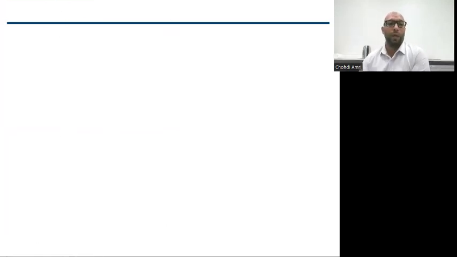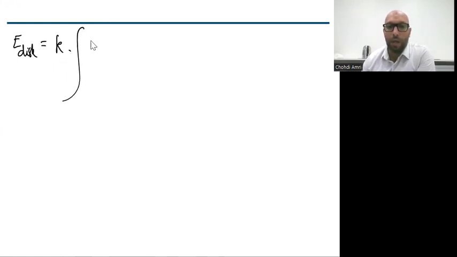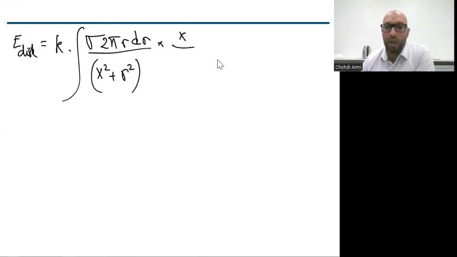So the electric field E produced by the disk will be equal to k multiplied by the integral of sigma 2 pi r dr divided by x squared plus r squared, multiplied by the cosine, which is x divided by x squared plus r squared power 1 over 2.